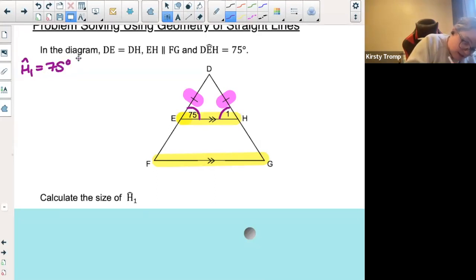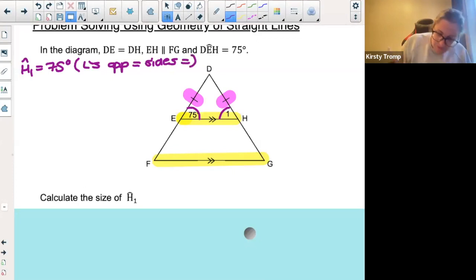How do I know that? Some teachers will tell you that you can write isosceles triangle. Guys, I don't like using that as a reasoning, and not all schools accept that, and not all examiners accept that either. So be careful with using isosceles triangle. The correct reasoning to use for this one is: angles opposite equal sides are equal.